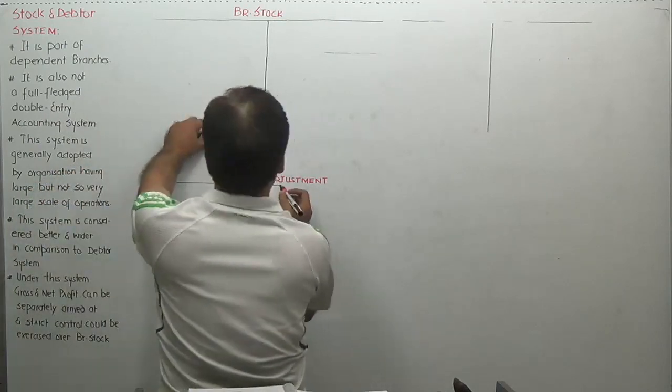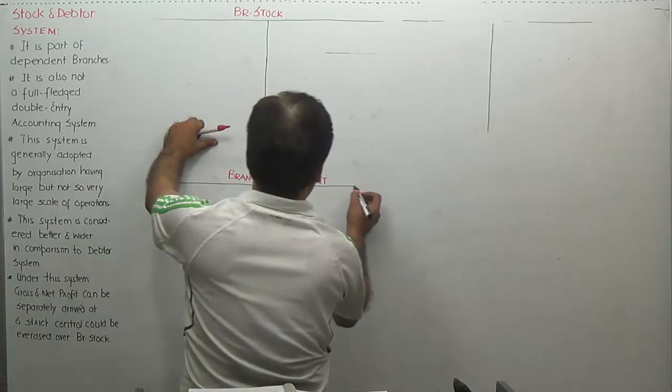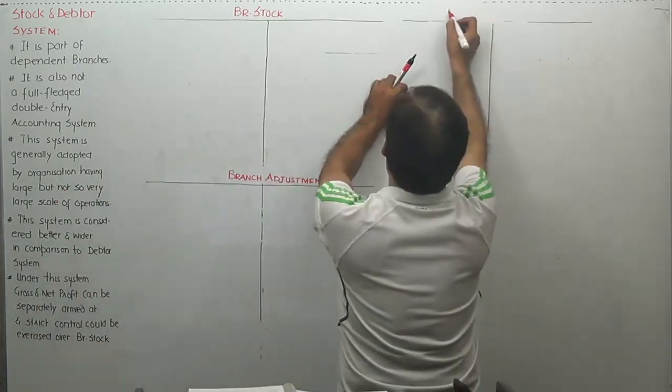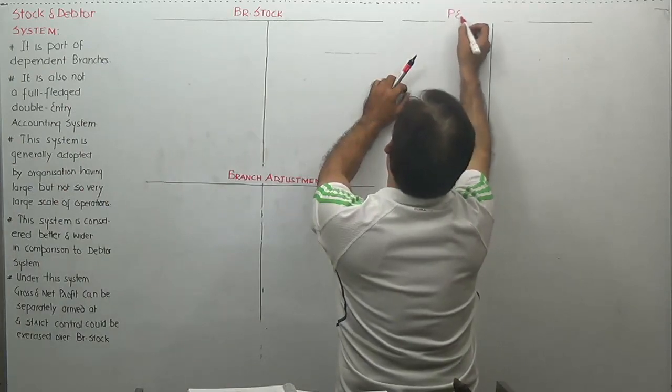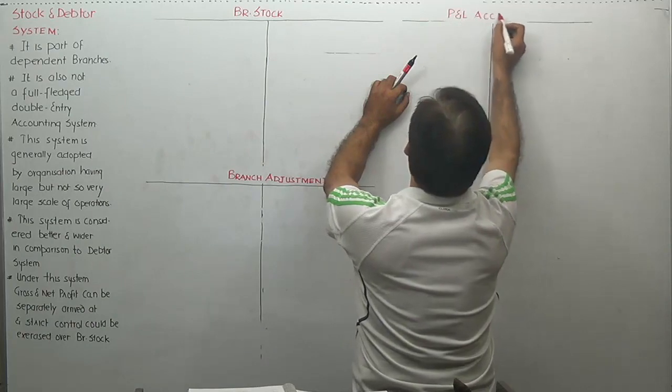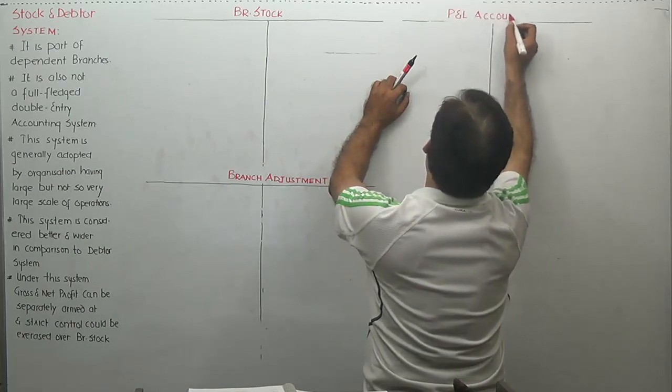Another one is the branch adjustment account. Then you are supposed to prepare the branch profit and loss account.